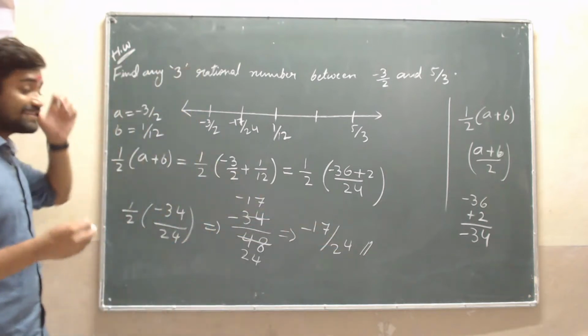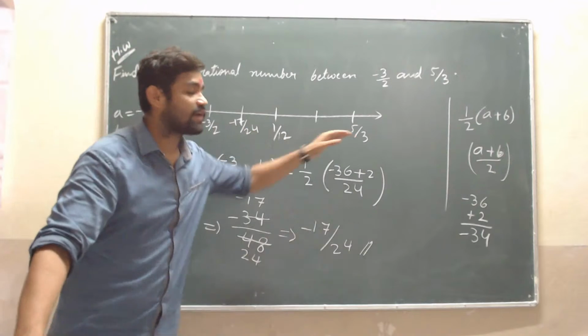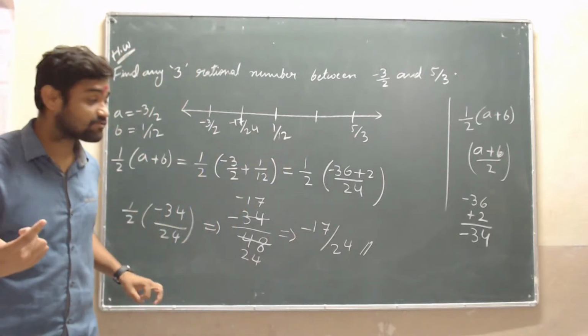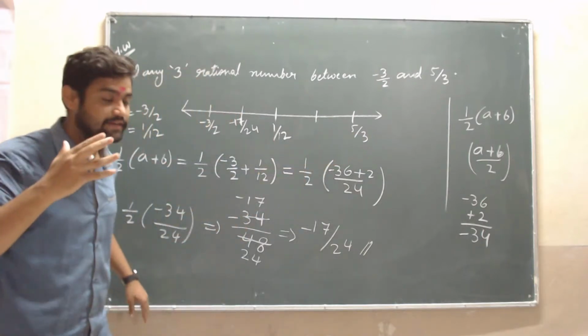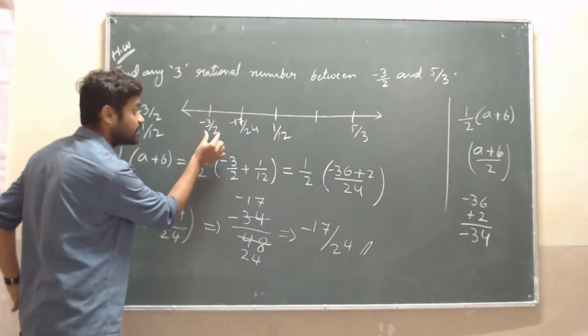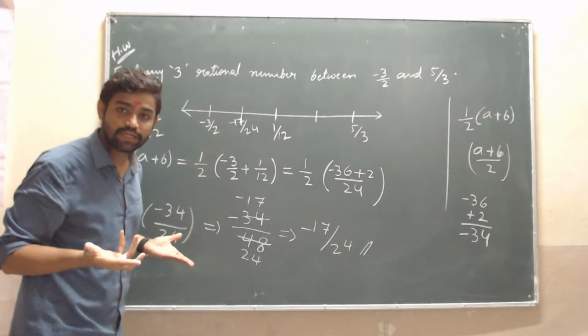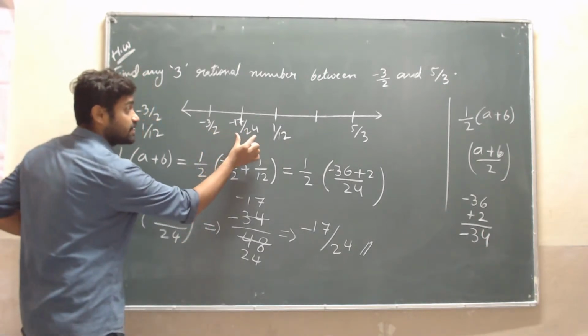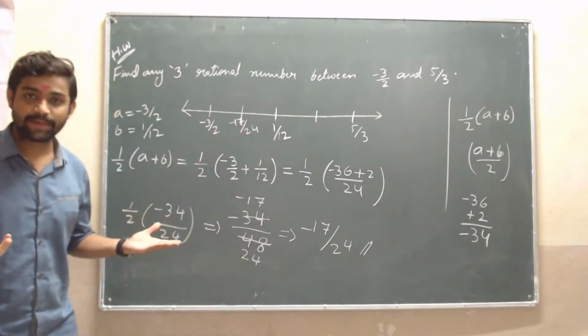Then again, we have to find the rational number between minus 3 by 2 and 5 by 2. Sir, where do we have to find? That is between 1 by 12 and 5 by 3. Sir, no. Sir, I will find between minus 17 by 24 and 1 by 12, you can.